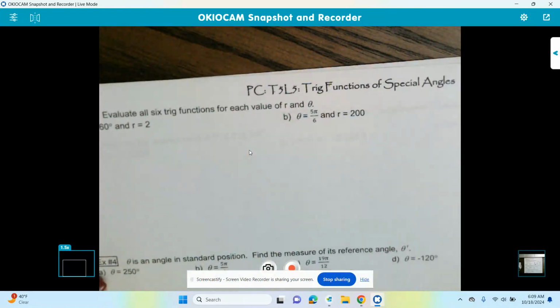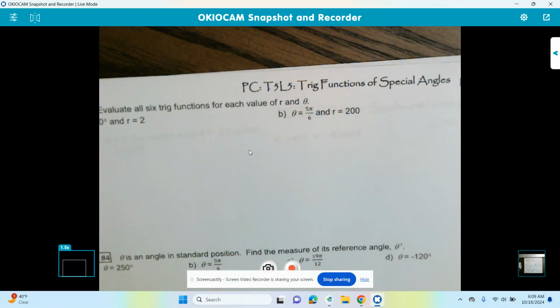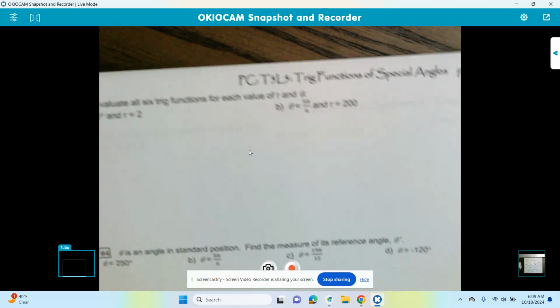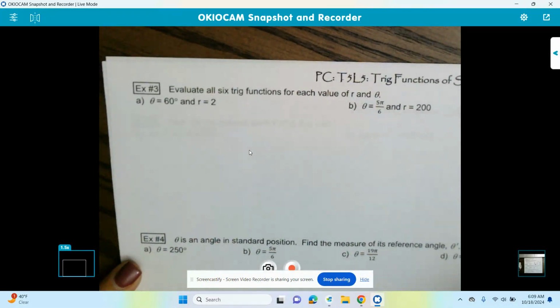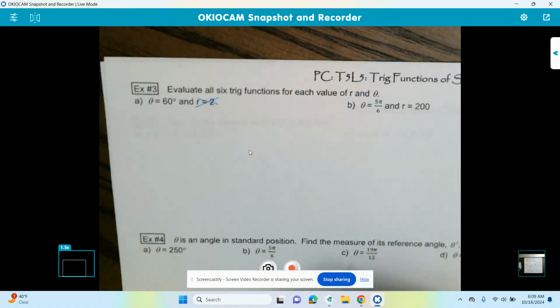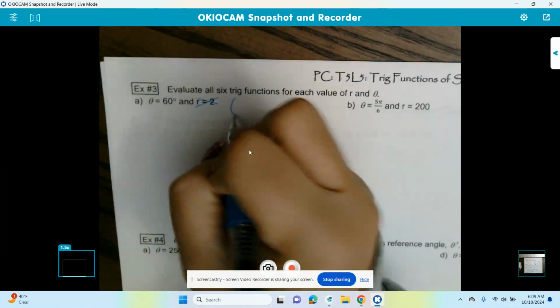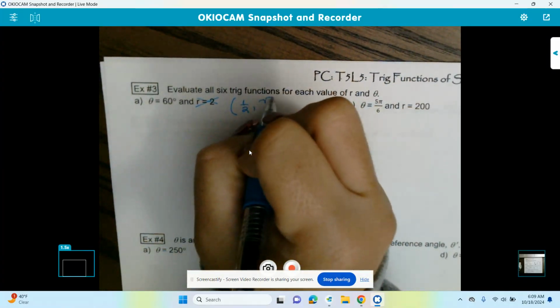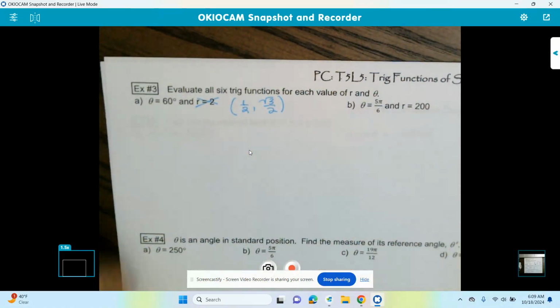All right, so we are doing theta is 60 and r equals 2. 60 degrees, I recognize is on my unit circle. Y'all need to start being able to recognize it is on your unit circle. If it is on my unit circle, my r is irrelevant. Okay, my r is irrelevant. I can just use my ordered pair, 1/2, square root of 3 over 2 to evaluate my functions.